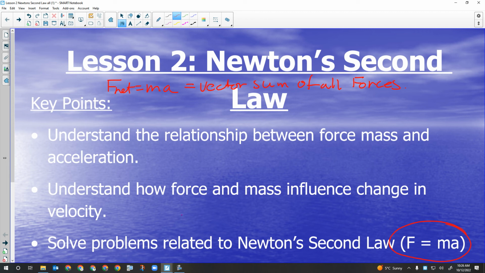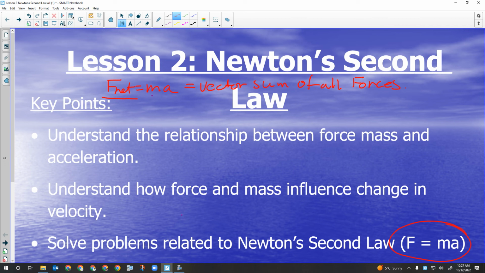Newton's second law applies to all situations where F net is not 0. So F net is not 0, so the object is going to be accelerating in some way in these problems. What's the relationship between force, mass, and acceleration? According to this formula, if I want to increase my F net, I either have to increase this or increase this. Agreed? Yeah, one or the other, or both. Or I have to add forces according to the vector sum of all forces.